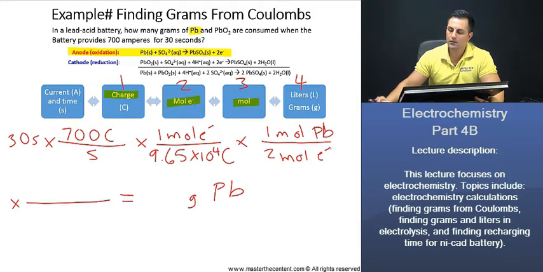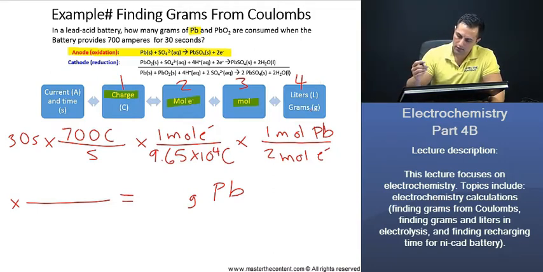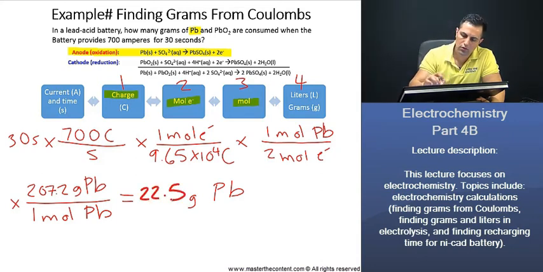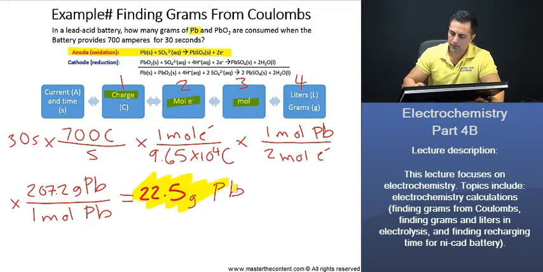Wonderful. And then lastly, our last conversion here is always just going to be your molar mass. If you recall, or you can take a look at your periodic table, you'll find that the molar mass for lead is going to be 207 grams per mole. Wonderful. And once you go ahead and you equate this, you will end up with 22.5 grams of lead.